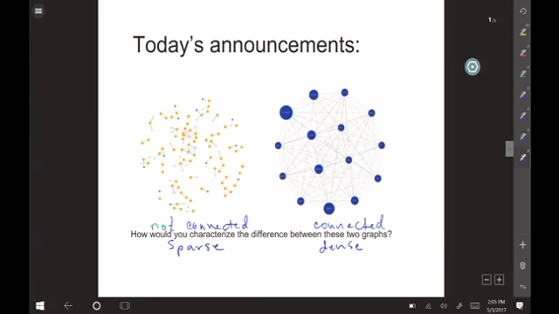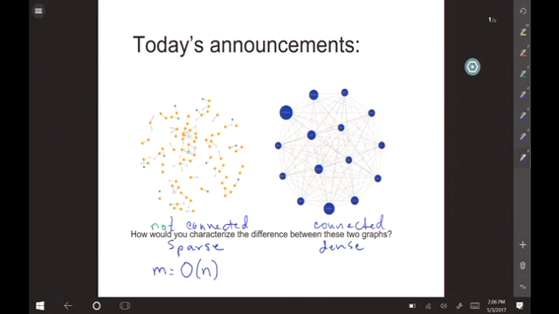There is no actual explicit technical definition of sparse and dense, but they are commonly expected to be the following. In a sparse graph, M is big O of N. That is, we're not saying where those approximately N edges are, but the number of edges is proportional to the number of vertices.